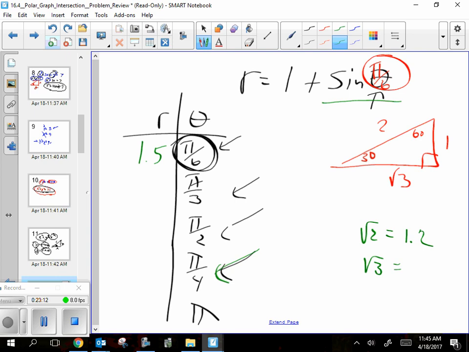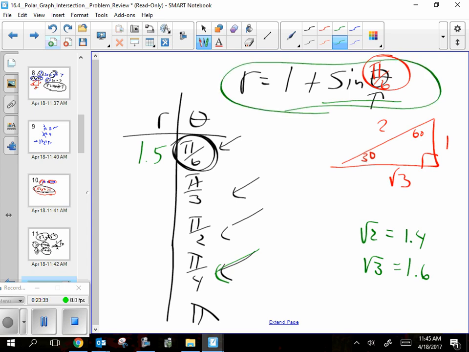Root 3 is about 1.6. Sorry, somebody double check square root of 2. Somebody's got a calculator. 1.4, thank you. I was feeling like that was off. I'm leaving those up there because you're going to end up needing to get an answer for something like this, and it's going to say like 1 plus root 3.